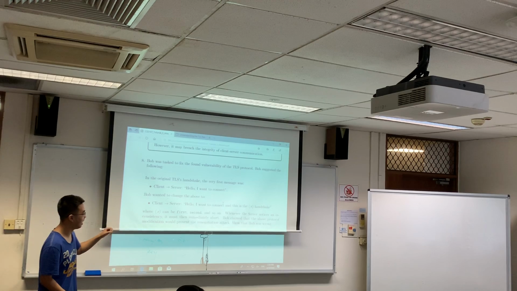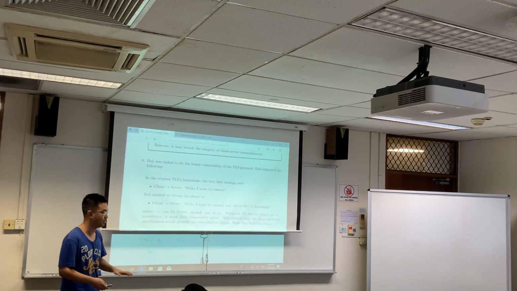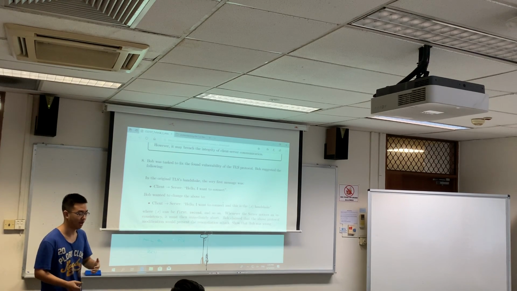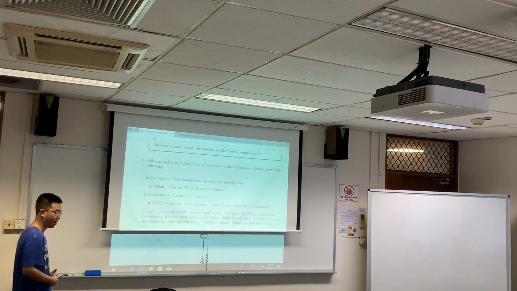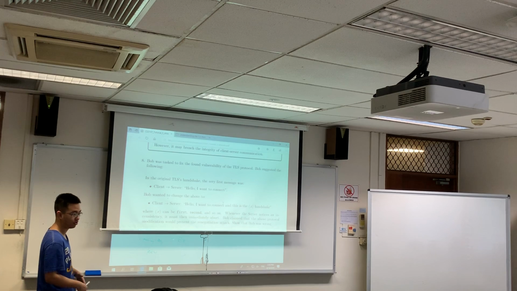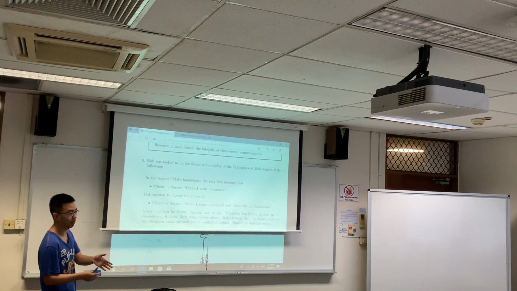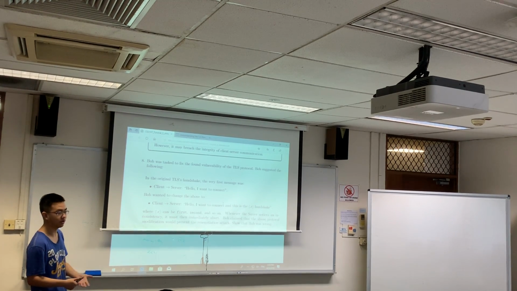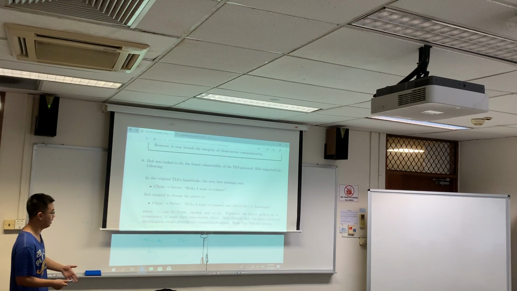So if the client sends a message that includes the first handshake to the server, and I'm an attacker, I receive this message. I can just easily change 1 to 2 and mislead the server that this is the second handshake, when actually the client wants to use a renegotiation protocol.